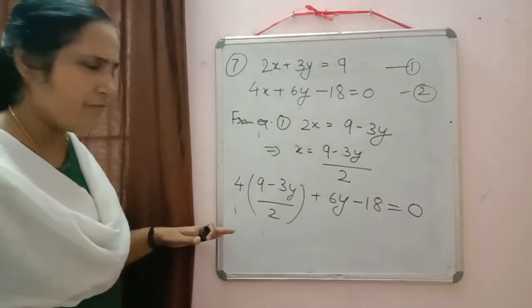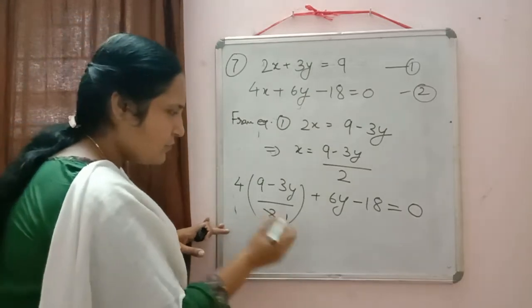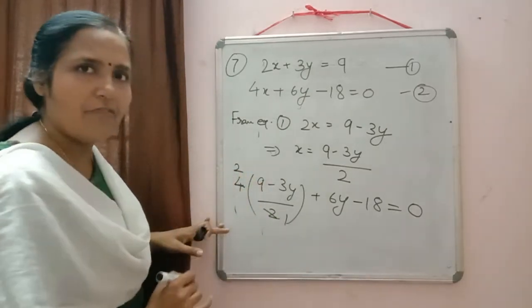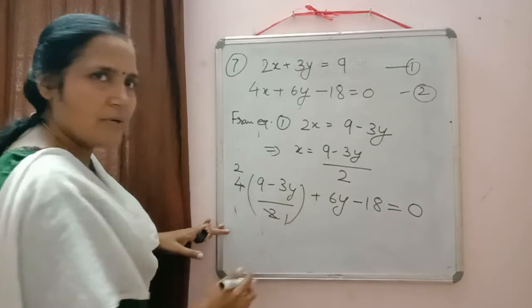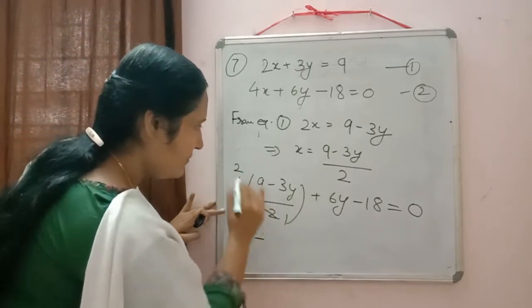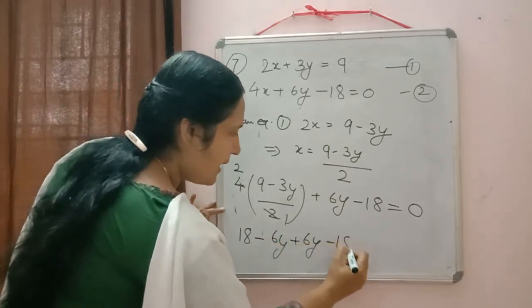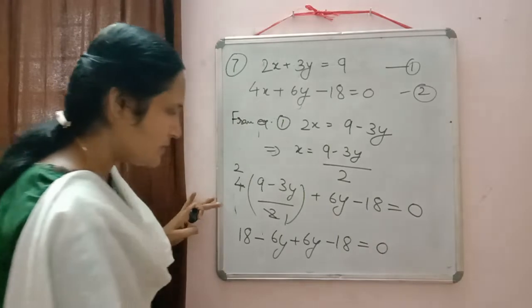But here we don't have to multiply because 4 and 2 we can cancel here only. So 2 1s are 2, 2 2s are 4. Now we can multiply 2 inside. So it will be 2 9s are 18 minus 6y plus 6y minus 18 is equal to 0.